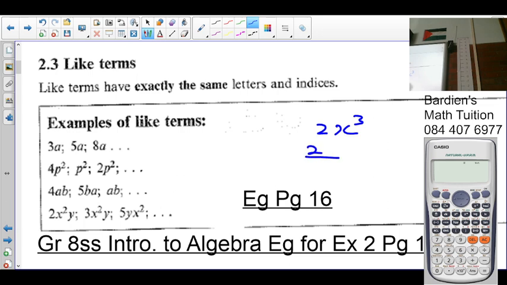If you got 2 over 3x, what's the coefficient? 2 over 3. What is the index or the indice? 1. If there's no number there, it is a 1. So if whatever I say you didn't know, you just make a note on the side.